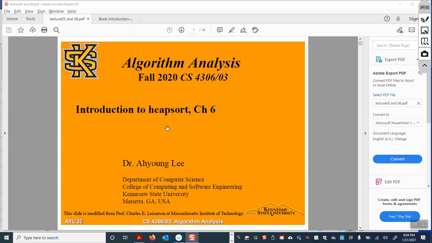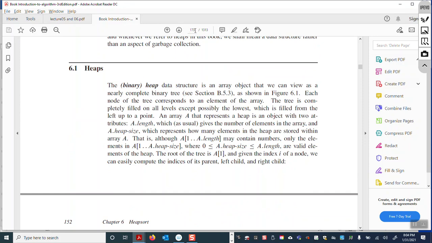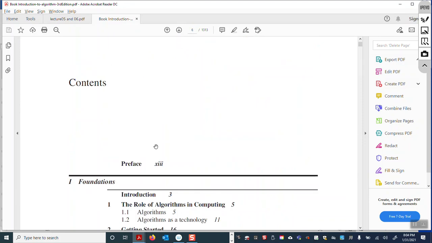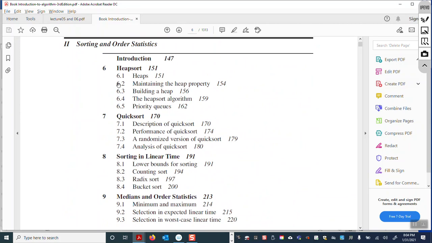Okay, so in our textbook, if we go to the index, we have chapter 6, page number 6 or 7. Chapter 6 is about Heapsort, and we will discuss 6.1 what is a heap, 6.2 maintaining the heap property, and 6.3 building a heap.